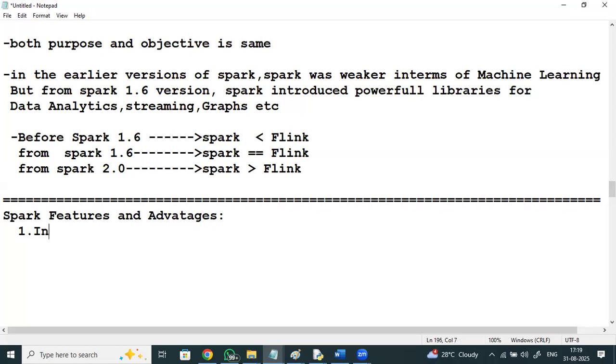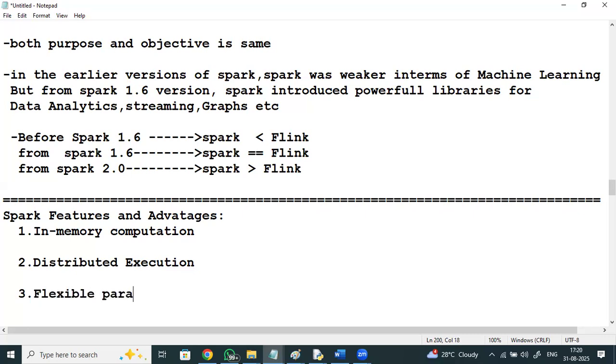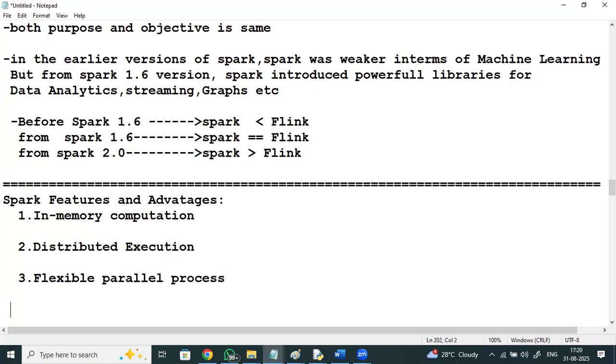First thing is in-memory computation, giving very high speed, which you are not able to see in Hadoop. Secondly, distributed execution, which you are not able to see in Pig. Next, flexible parallel process, which you are not able to see in Hadoop MapReduce.